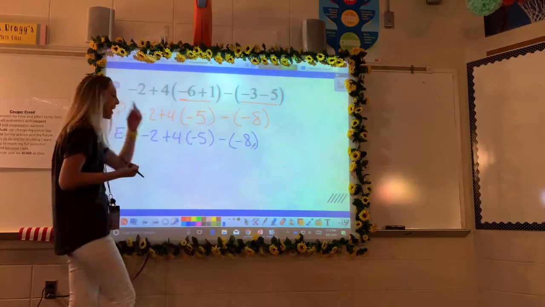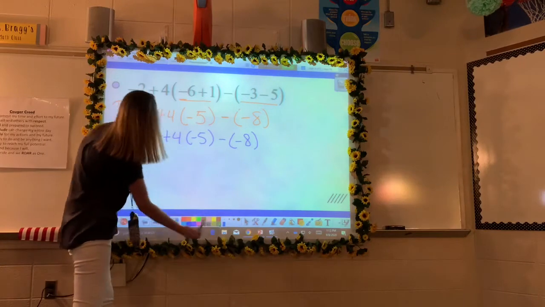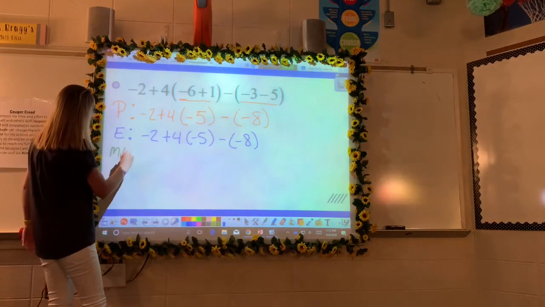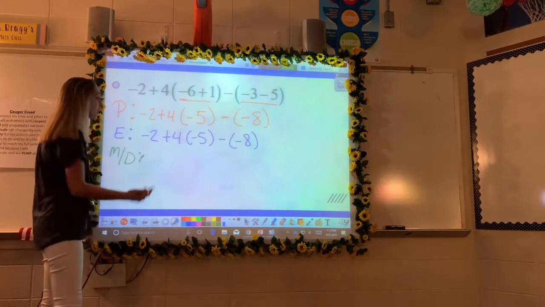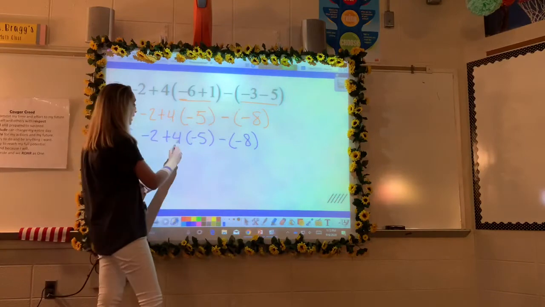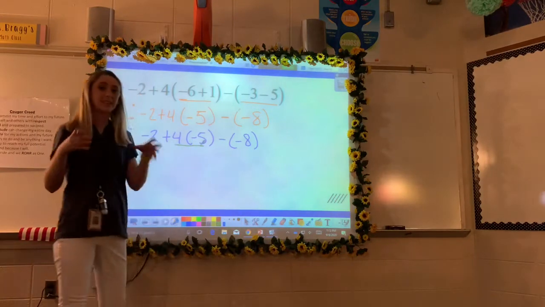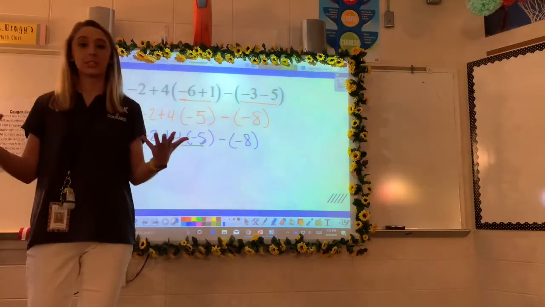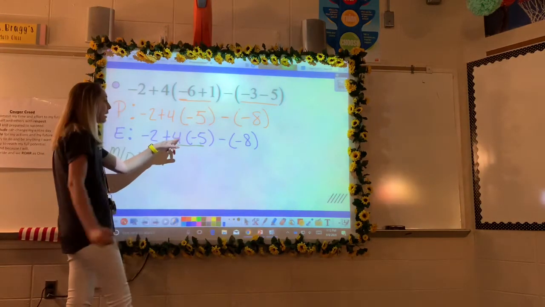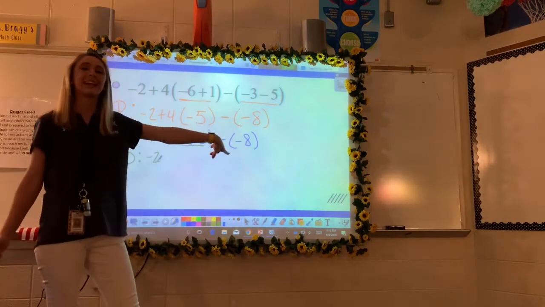Okay? And then after that, what comes after the E, you guys? Multiplication or division, whichever comes first. Luckily, we don't have any division in this problem. However, we have a multiplication because two numbers side by side, separated by parentheses, tells us we have to multiply. So I'm going to bring that -2 down, and we're doing 4 times -5.